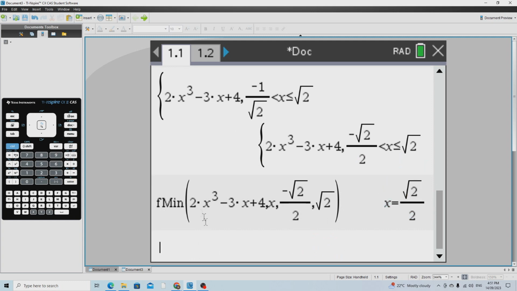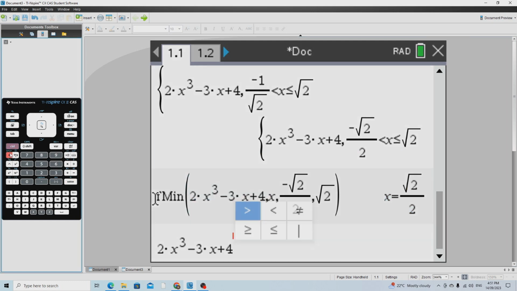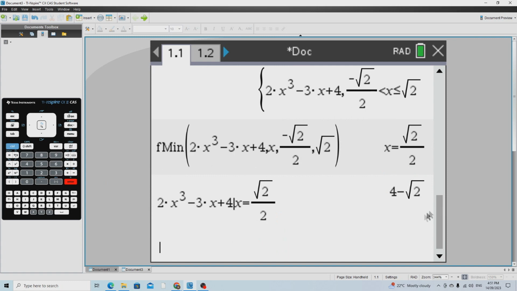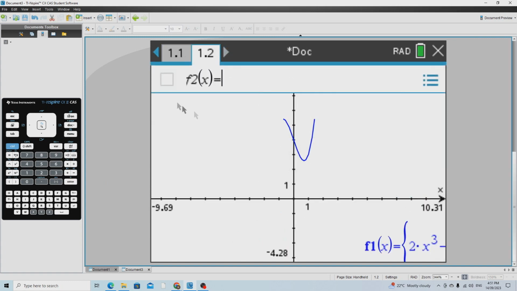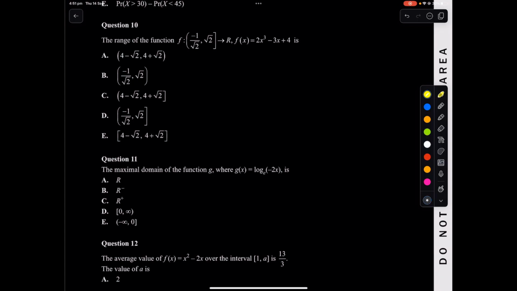We get this. So 4 minus root 2 is this point over here, but it's included. So which one has it included? Only E is the one that includes it. So choose E. I'm not going to bother finding the actual other part, because it's just too much. If this is the only one that's included and it's actually included, it can only mean E is your answer.